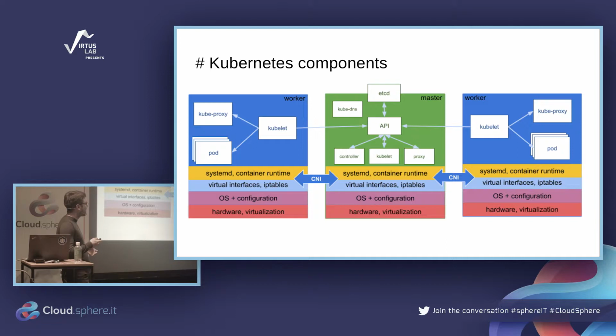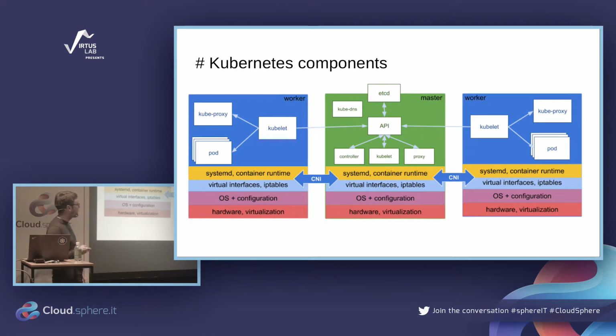The controller takes care of managing cluster state based on Kubernetes objects stored in etcd. Kubelet is a primary node agent, and it manages containers, but note that it doesn't manage containers which were not created on Kubernetes. Proxy is just TCP and UDP forwarding for Kubernetes services. And a pod is just a group of containers running on the same node with a common lifecycle.